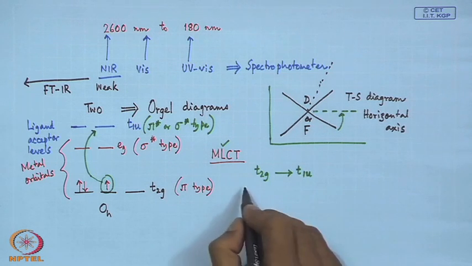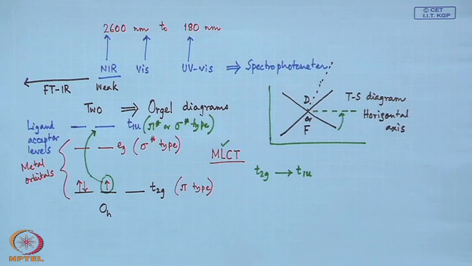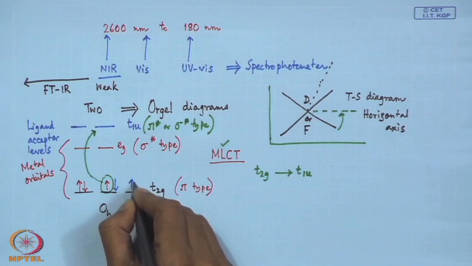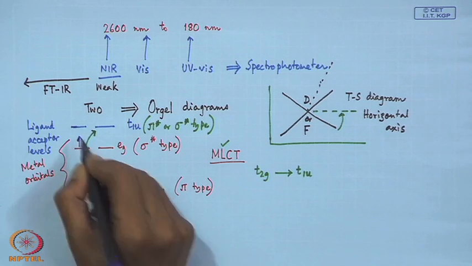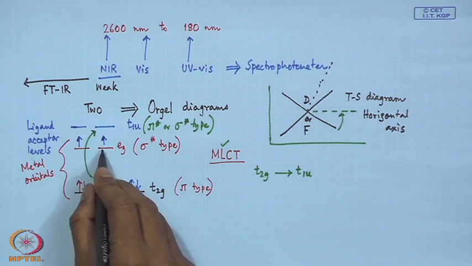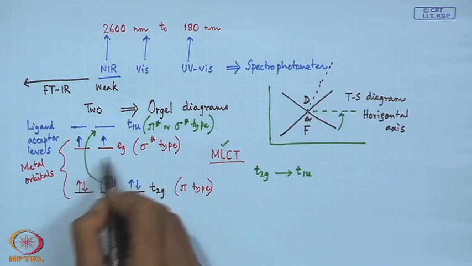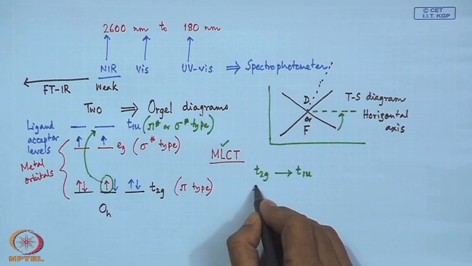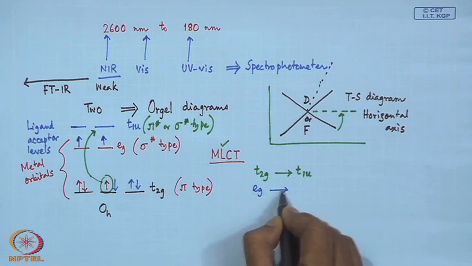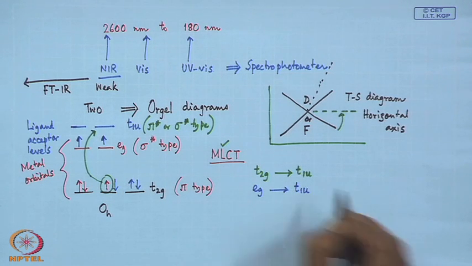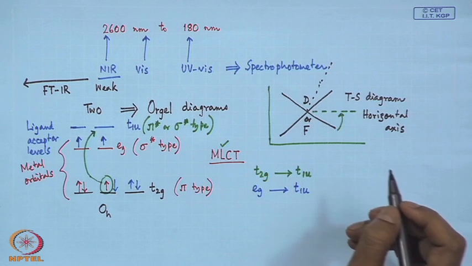So we will have this T2g to T1u type of transition, and we will also see the case where these levels are filled. If we have 6 plus 2, that is 8 electrons, as in nickel 2 plus, the Eg level, which is of sigma star type, can also be utilized for the transition to the T1u level.